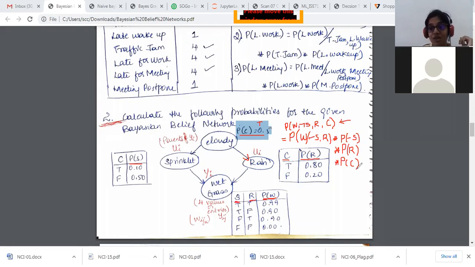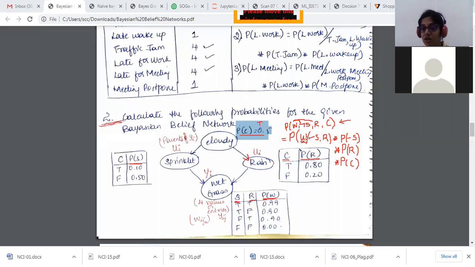Did you get to know how we got that? Because my grass is the first initial term that I have, and I know that it is dependent on the other terms. So I'm going to write W, and it has two parent nodes involved. That's why, when we have two parent nodes, it's easy for us to interpret. So you can see the wet grass that I'm considering depends on sprinkler and rain.